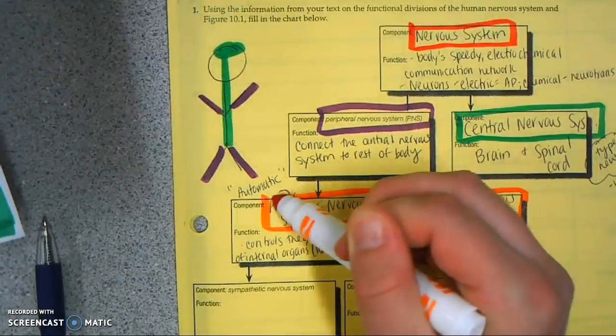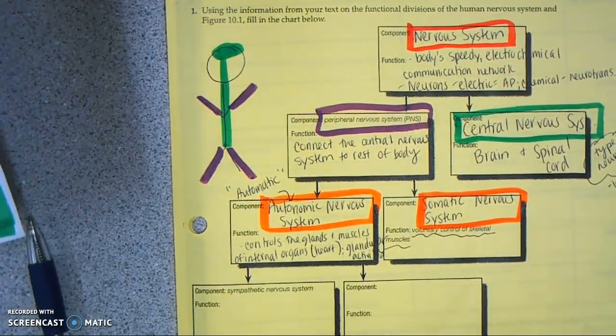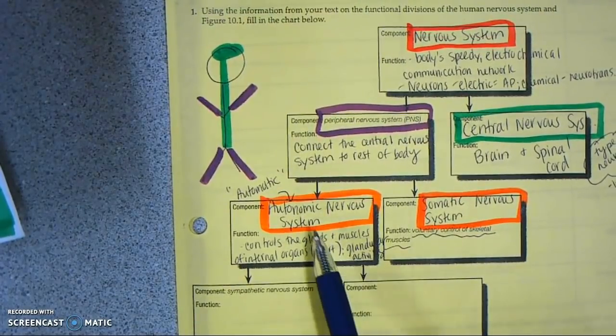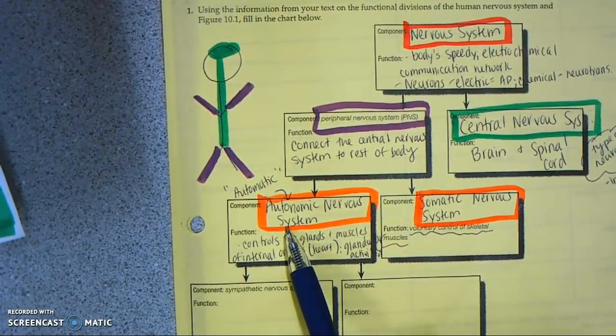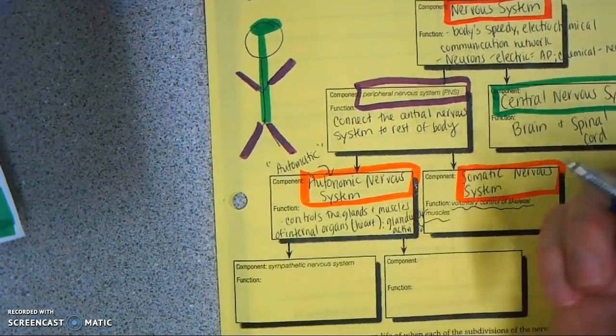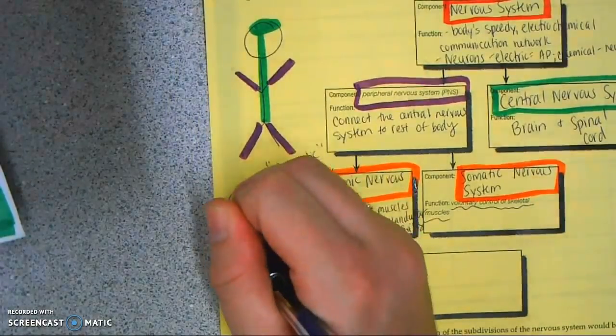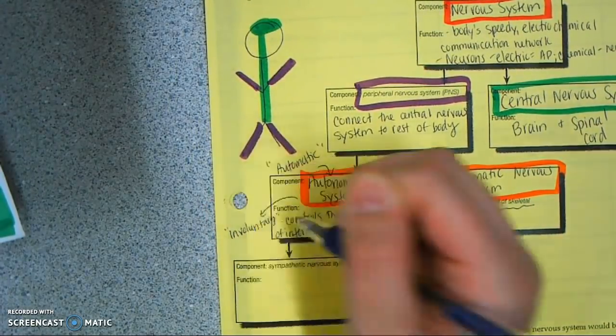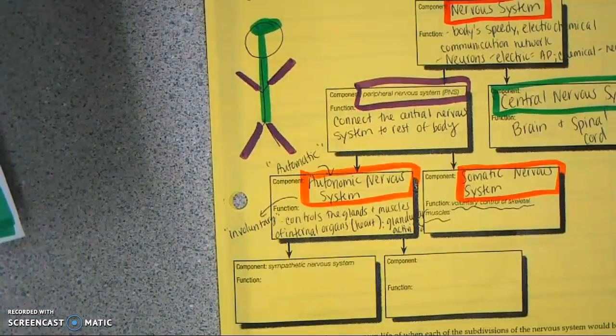The autonomic nervous system is split into two. If things are automatic, they're not things that you can control, so typically they're involuntary. Like your muscles contracting and expanding for your lungs to inflate, that's not something you're consciously choosing to do.